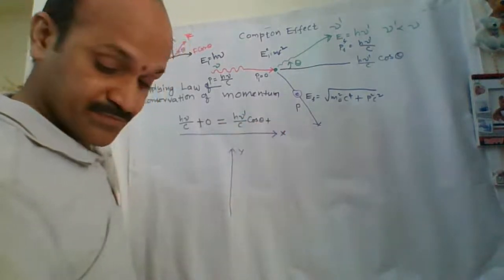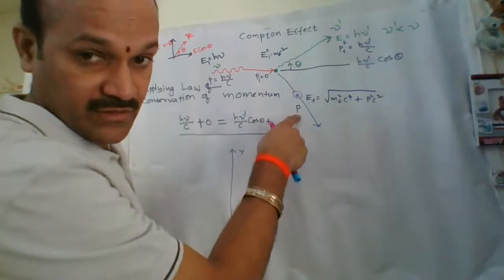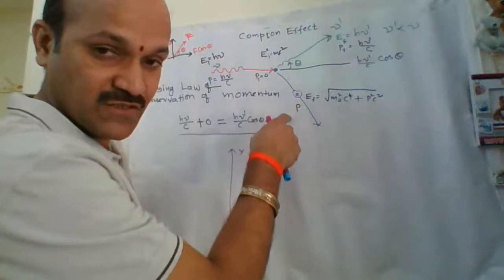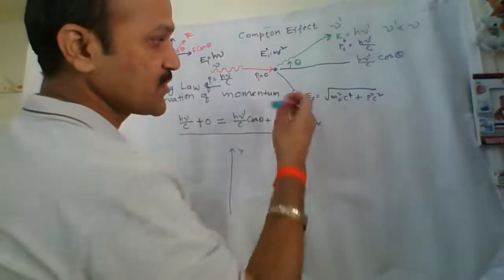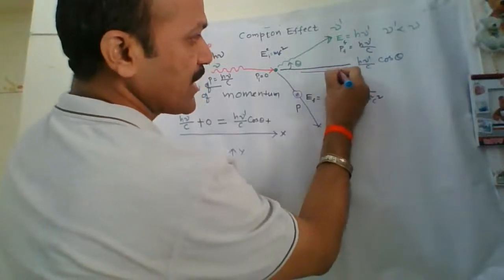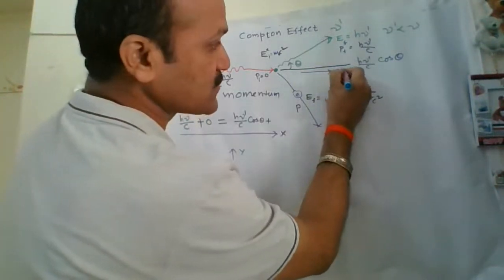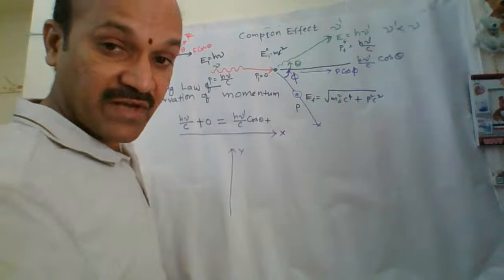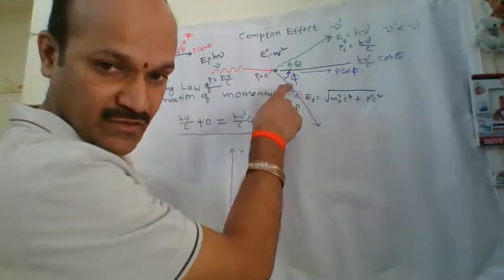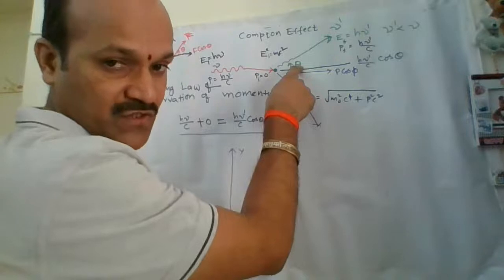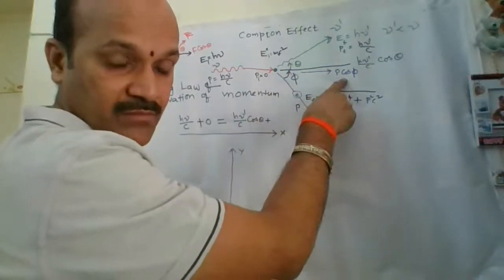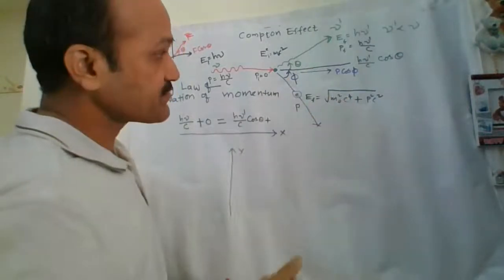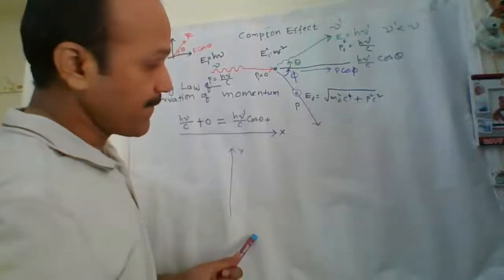At the same time, the electron also has momentum p in an oblique direction, so it also has a component along the x-axis. The momentum of the electron along the x-axis is p cos phi, because the recoil angle is phi. The angle of scattering of the photon is theta.